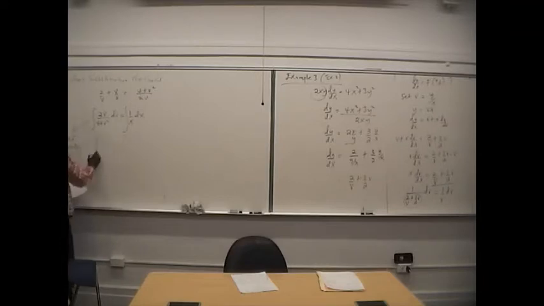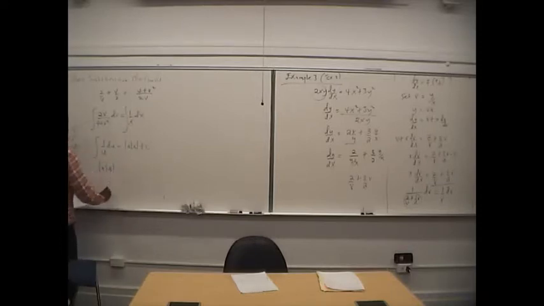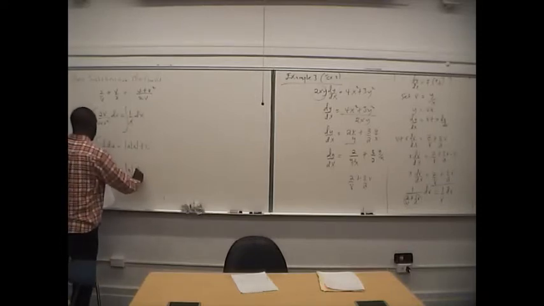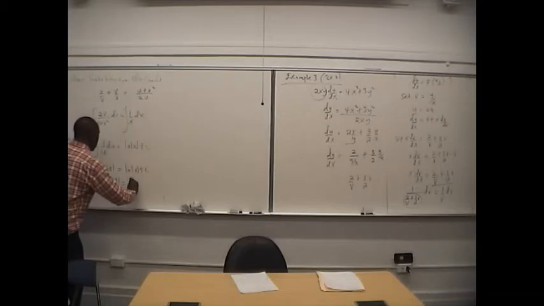So this side is just 1 over u du, which is the natural log of the absolute value of x plus c. Of course, this is the natural log of u equals the natural log of the absolute value of x plus c. So what is u? It's that. So this is the natural log of 4 plus v squared, equals the natural log of absolute value of x plus c.